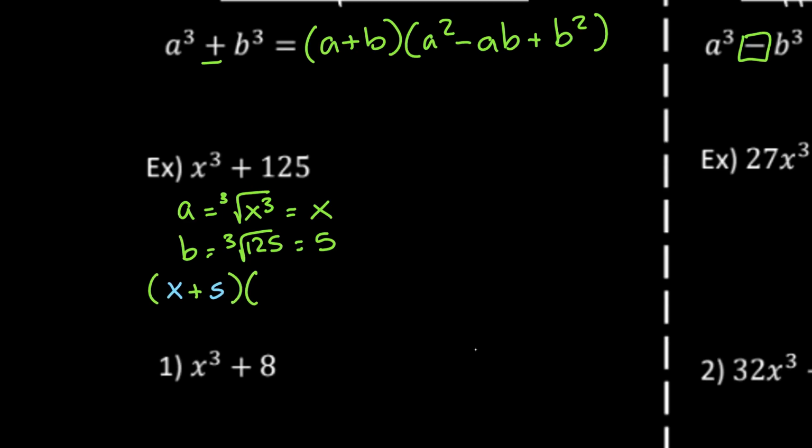Times x squared minus a times b, which a is x, b is 5, minus, or I'm sorry, plus b squared.